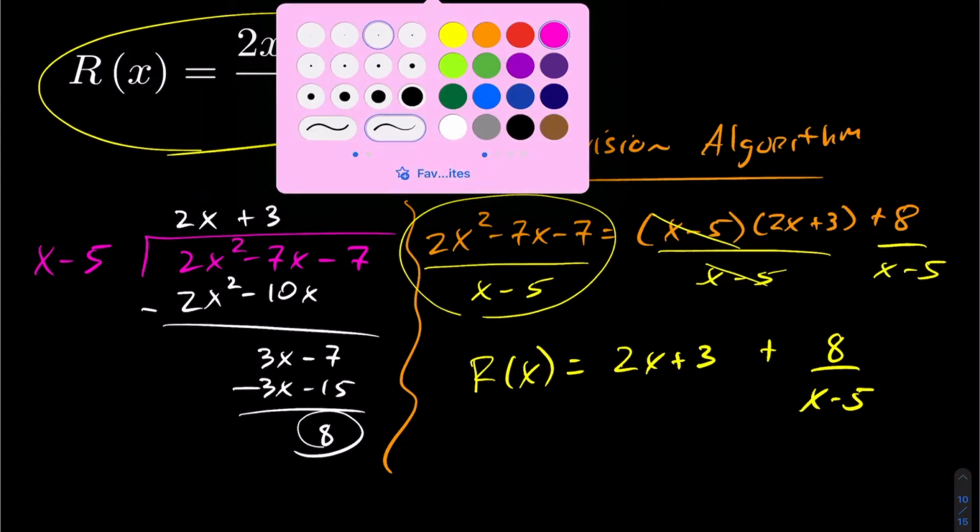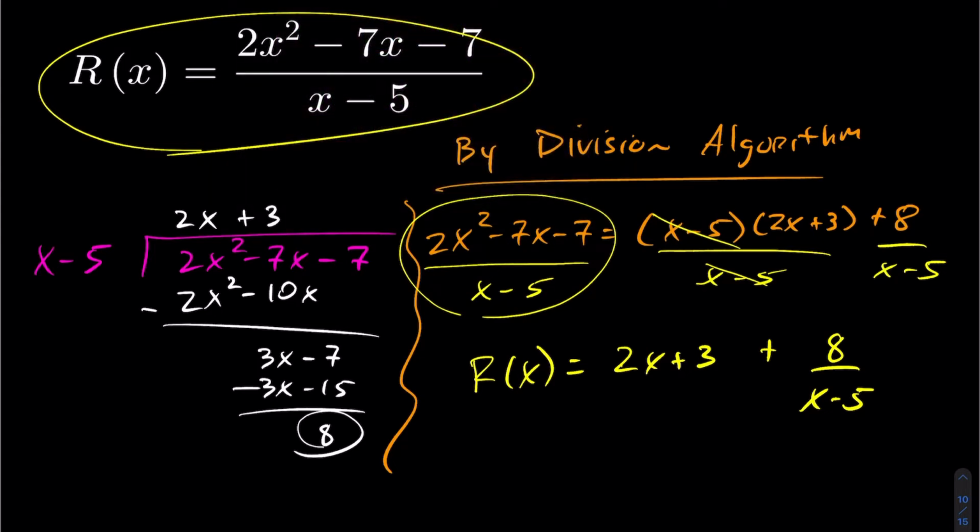Now when we examine slant asymptotes, it's much like examining horizontal asymptotes. We want to look at the outer bounds of the function. As x gets infinitely small or infinitely large, where does our rational function tend towards? As x approaches positive or negative infinity, 8 over x minus 5 must approach 0.